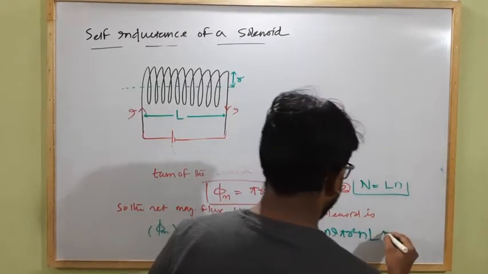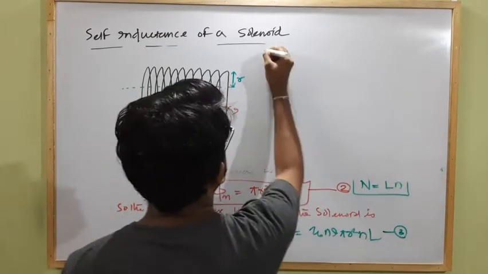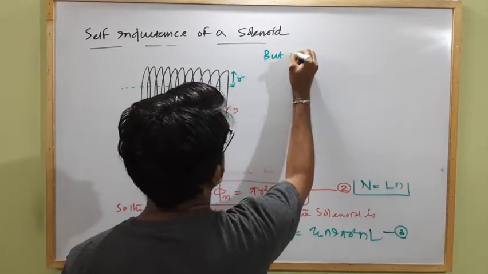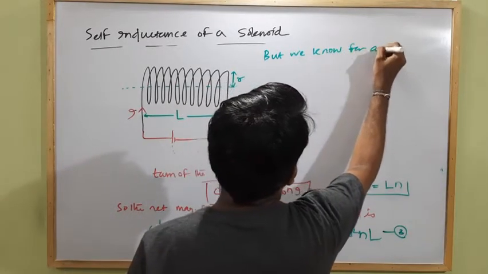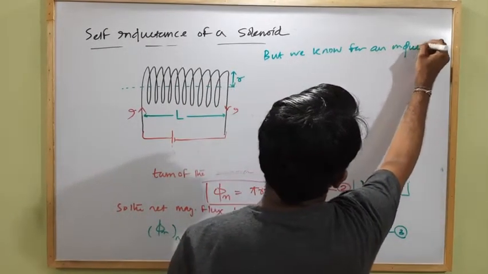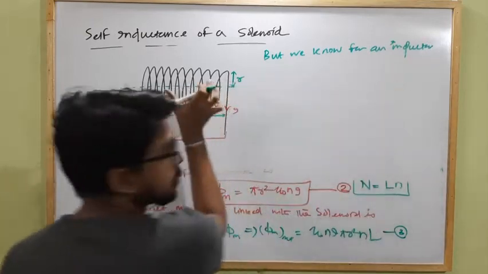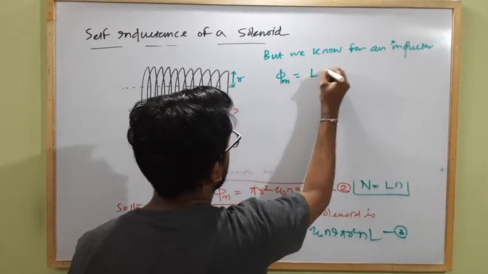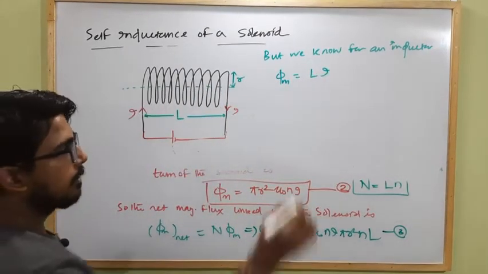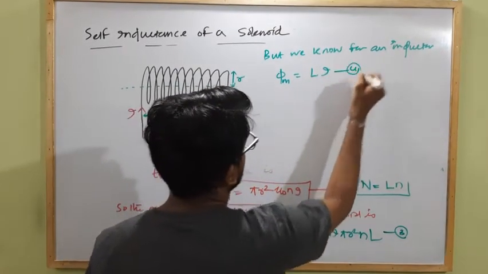Let this be equation 3. What we know for an inductor, as a solenoid is also an inductor, is that the magnetic flux equals L into I. This is equation 4.